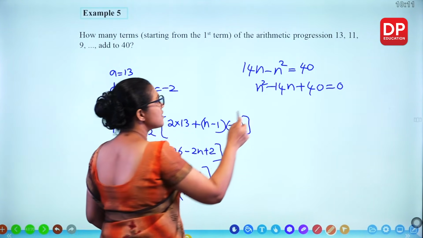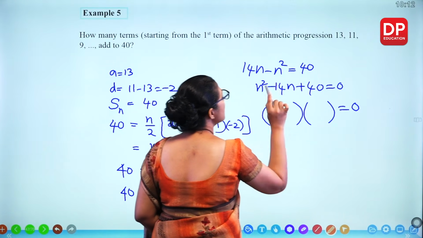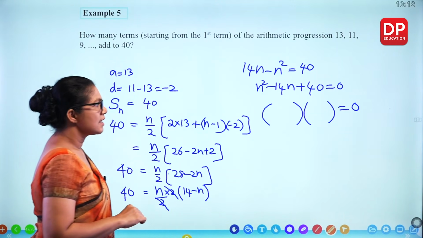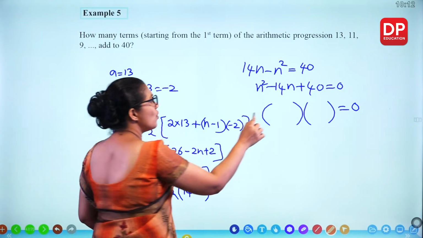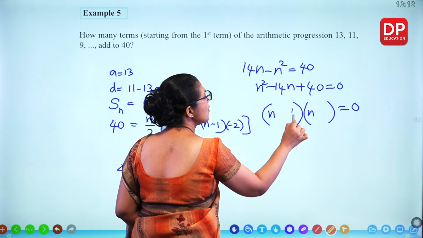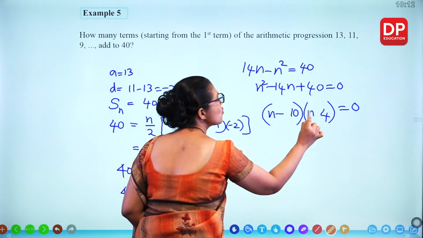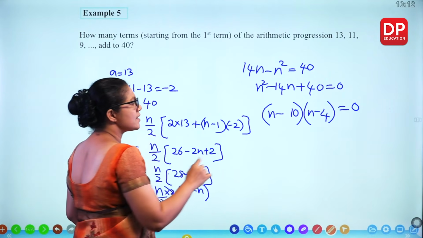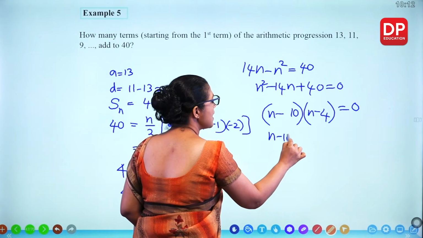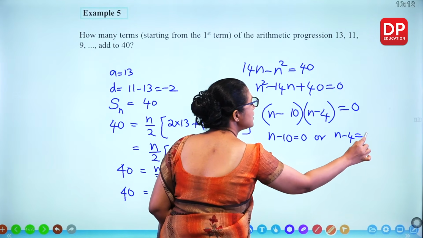What are the factors of 40 to get 14? 10 and 4. So n in here you get 10 and 4. The middle term is negative, means these two are negative values. So what are the solutions? You get n minus 10 equals 0 or n minus 4 equals 0.